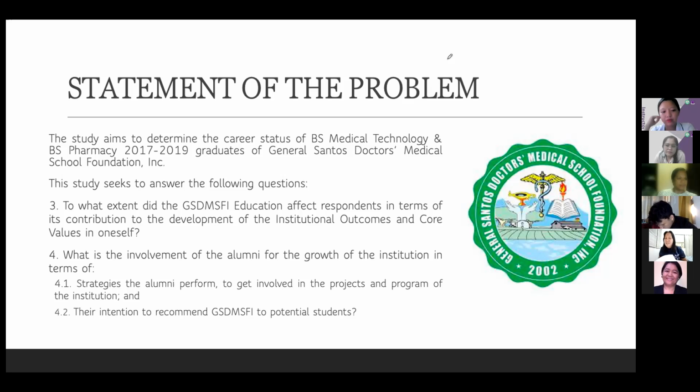Tama? Or siguro hindi na lang involvement kasi may involvement na sa taas, participation na lang para mapaiba. Participation in the projects and programs of the institution. Okay na? So parang yun na ang wakas ng SOP hanggang 5.2.